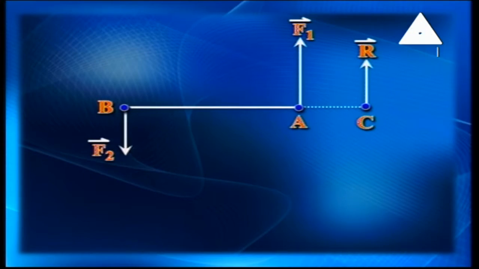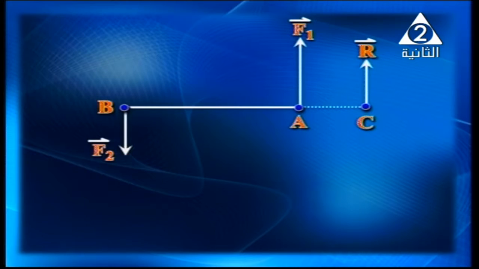In this case, R equals F1 minus F2, and the direction of R is with the bigger force, F1. C is the point on which R acts. C is a point belonging to the ray BA, and doesn't belong to the line segment BA.